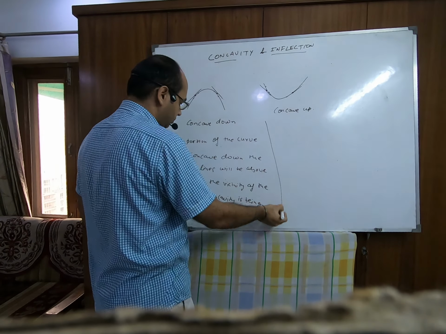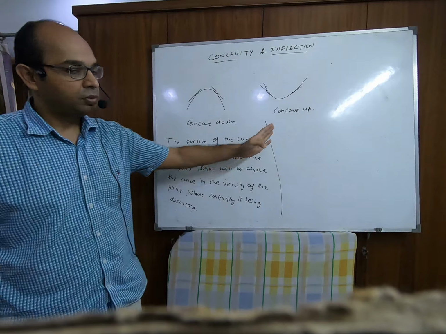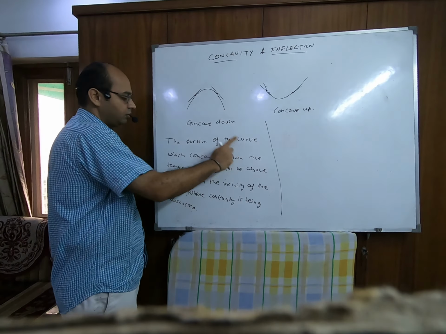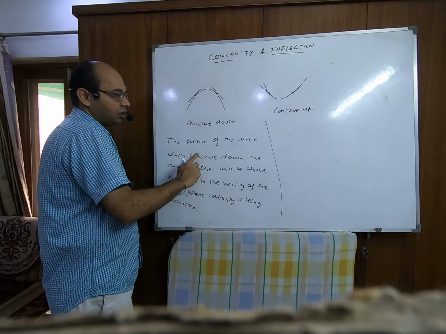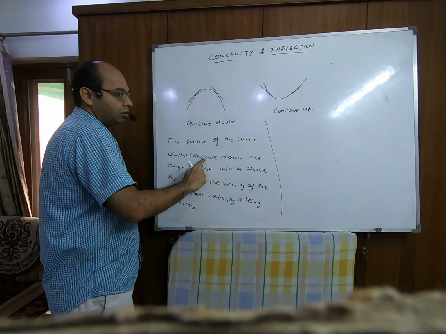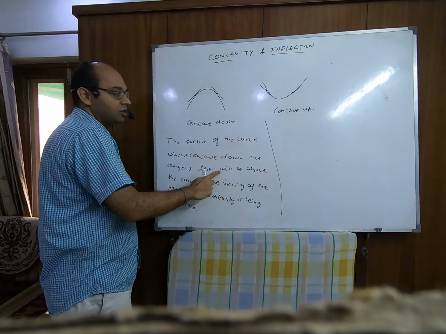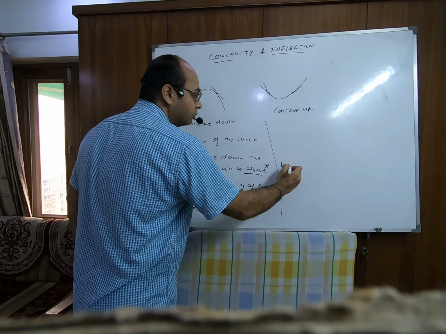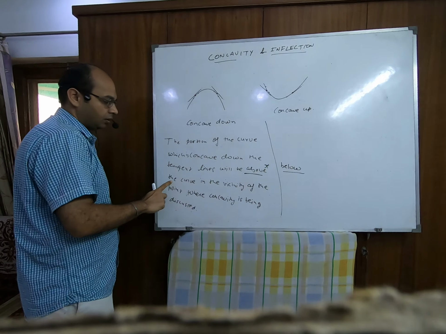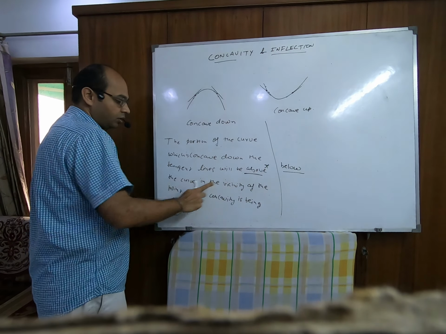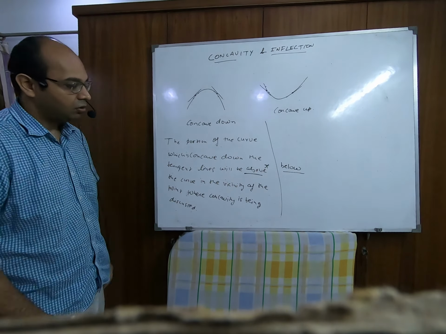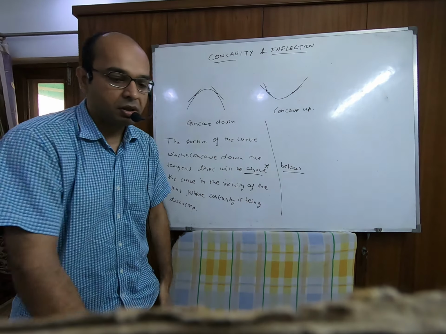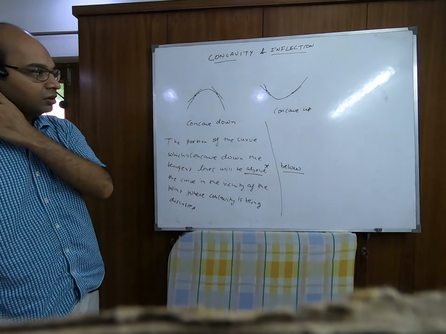And if it is concave up, it will be vice versa. That is, in the portion of the curve which is concave up, the tangent line will be below the curve in the vicinity of the point where concavity is being discussed. So this is the basic and simple idea of concavity, right?